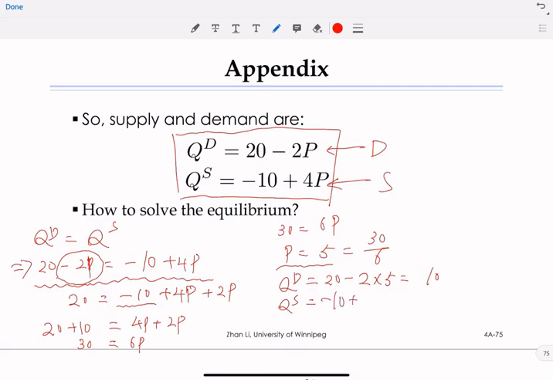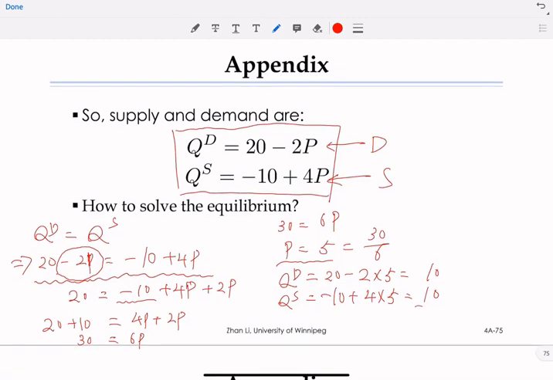So minus 10 plus 4 times 5. Again, it gives you 10. So we know that the market equilibrium price is 5 and the market equilibrium quantity is 10. Okay, that's how you solve market equilibrium.